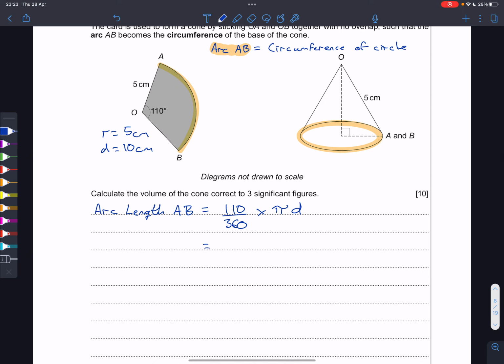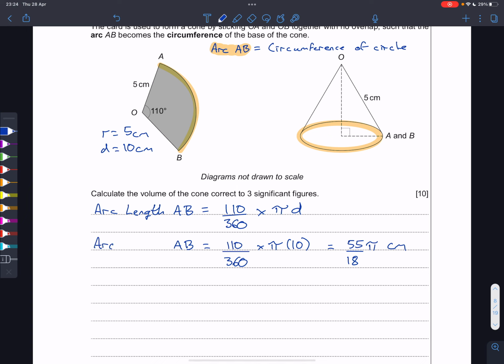So we get 110 over 360 times pi times 10, and we can pop all that into our calculator. 110 over 360, lots of pi times 10, is 55 over 18 pi, and that is in centimetres.